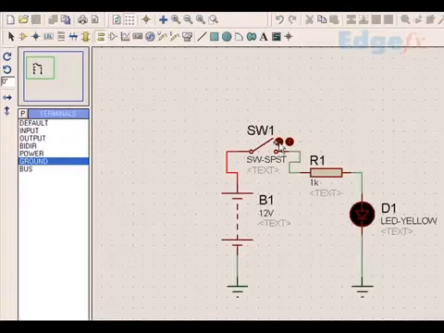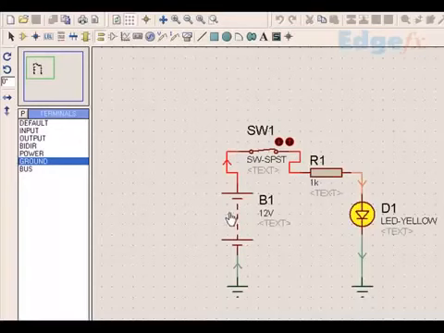Now if I switch this on, it also glows. The operation is the same. That means the current goes from here, here, here. This and this point being common means they are internally connected. It goes this way, this way, this way, and this way.